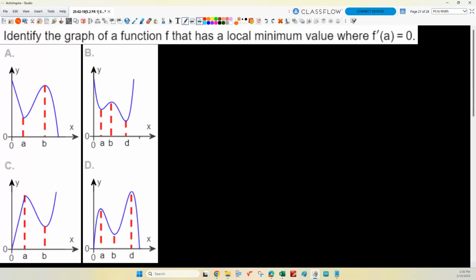No on that one, neither one. Okay. Identify the graph of a function, A, B, C, or D, that has a local minimum value where f prime of A is equal to 0.